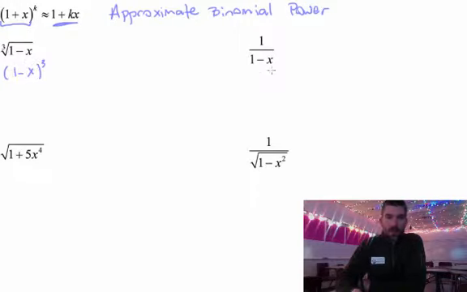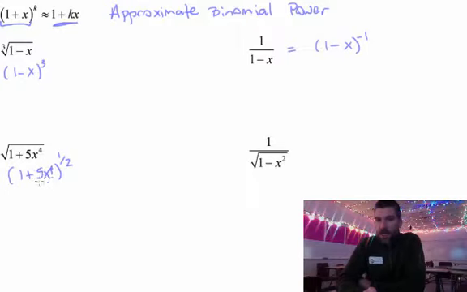So this guy would look like that. This guy right here is going to look like this. This guy right here, notice it's x to some power, so this is going to be a two-stepper probably. But look at this. We've got 1 plus 5x to the 4th, to the 1/2.